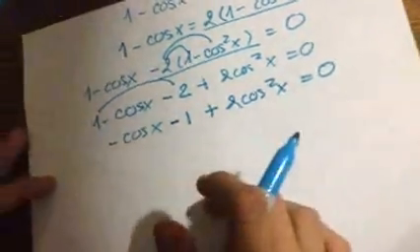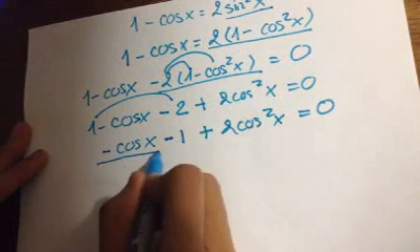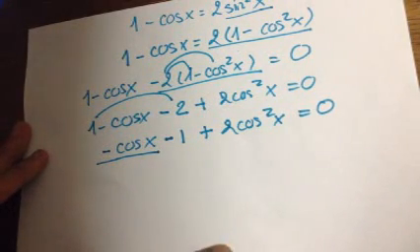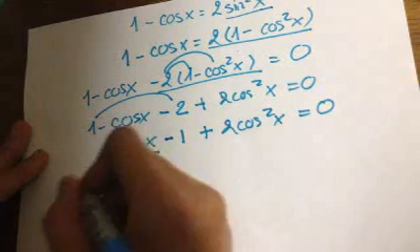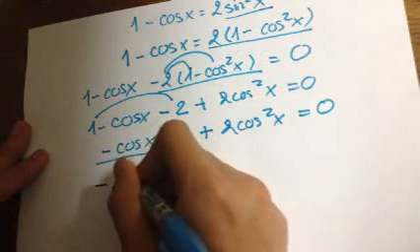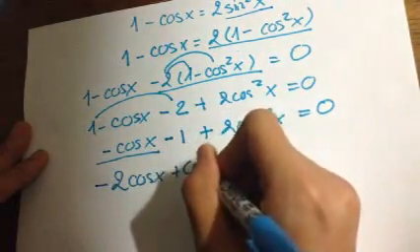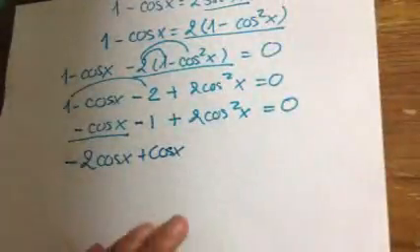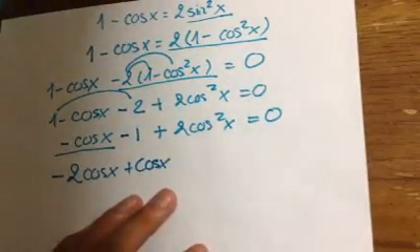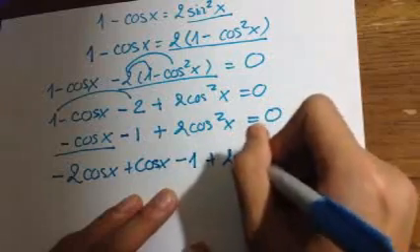Now we can factor this equation. So we can take minus 2 cosine of x plus cosine of x, minus 1 plus cosine square of x.